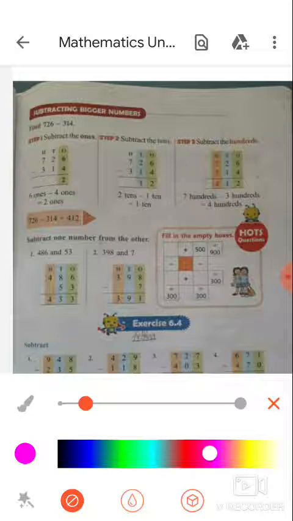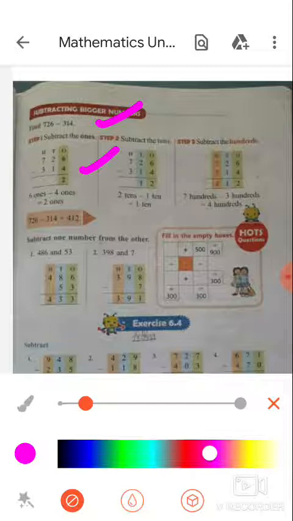Let's learn how to do it. First step is, first of all, you have to write both numbers in this sequence. Now our first step will be to subtract the ones.